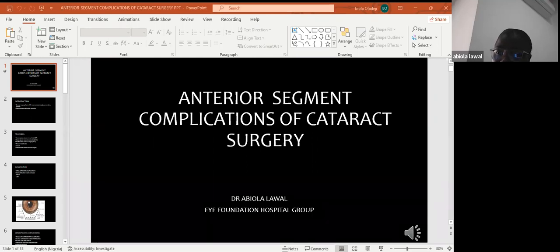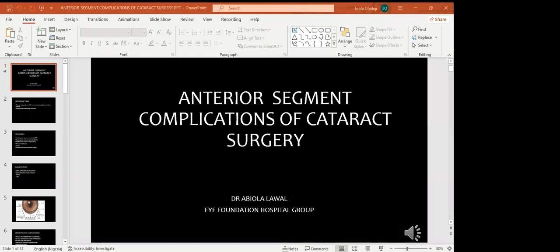Can you throw more light on the difference between epithelial downgrowth and fibrous ingrowth? Okay. It's also called epithelial ingrowth or downgrowth, and fibrous ingrowth or downgrowth.